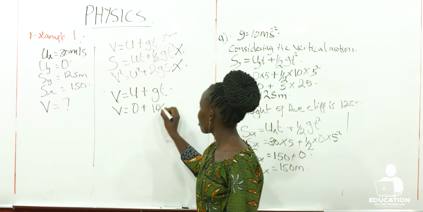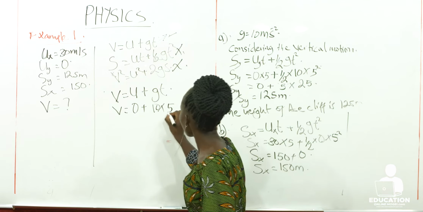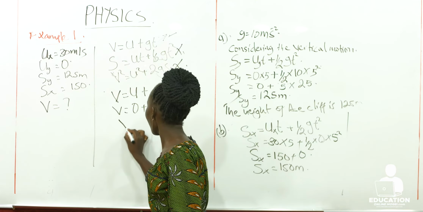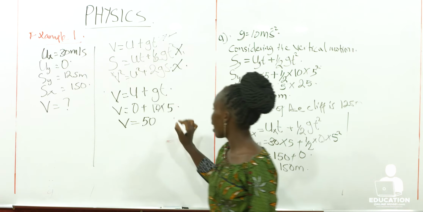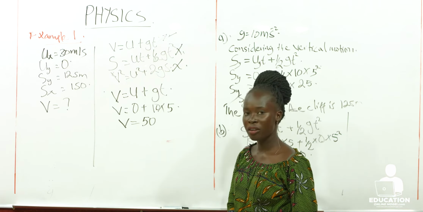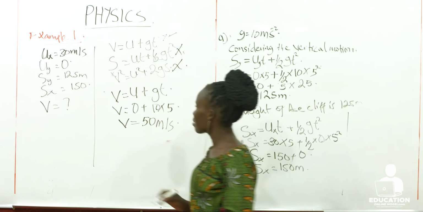So what was the time taken for the body to actually hit the ground? It took the body 5 seconds. So we shall have V is equals to 50. We are taking 10 times 5. So this is in meters per second.